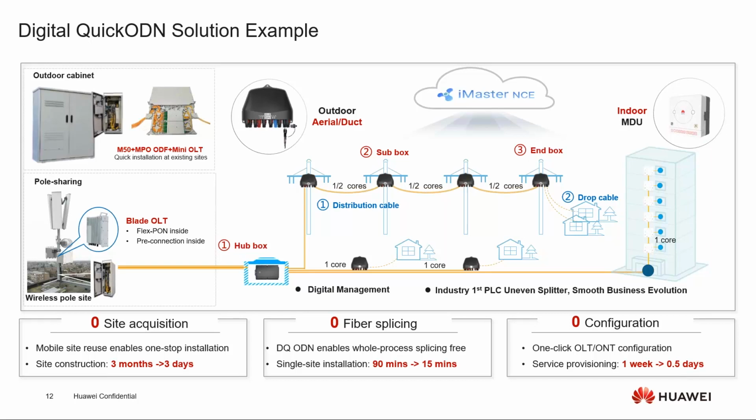This greatly improves network construction efficiency and reduces capex. Currently, Huawei has cooperation with Southeast Asian operators on this solution. And in the European market, Huawei's similar solution, Kerpon, helps operators maximize the use of existing outdoor cabinet resources and accelerate fiber deployment.